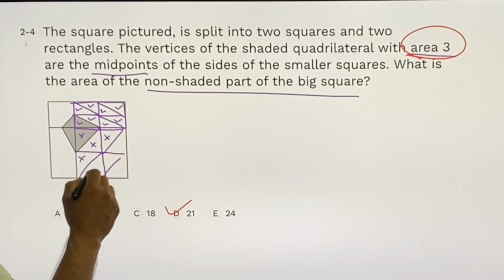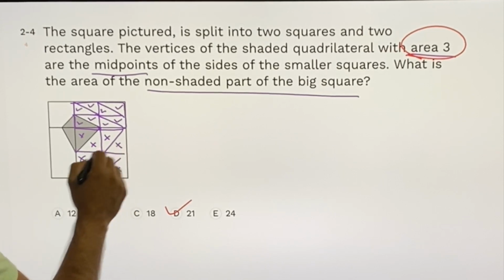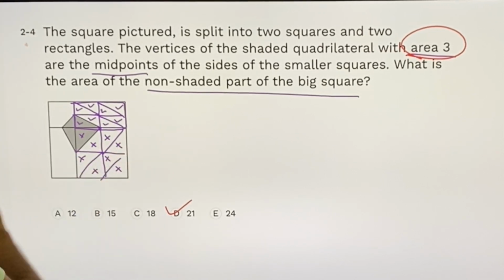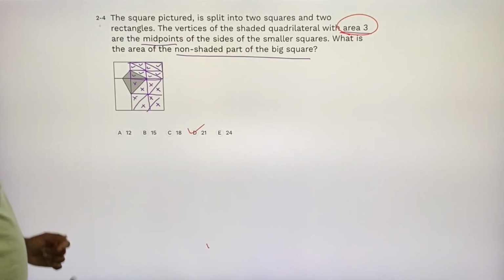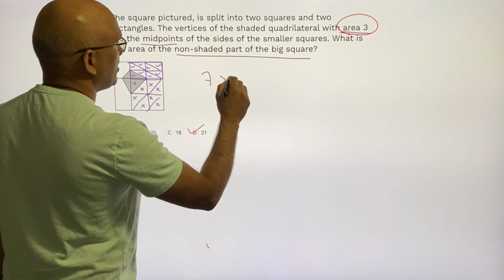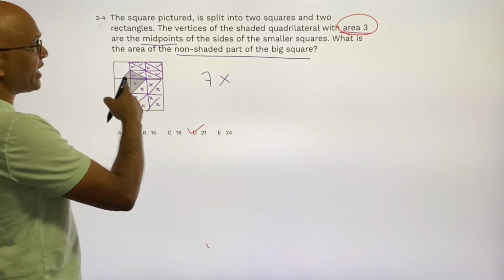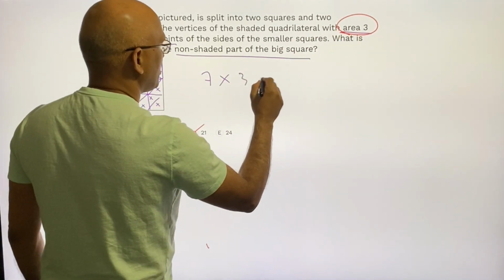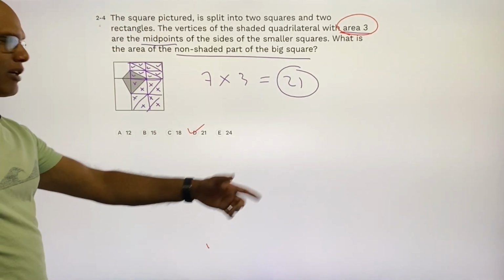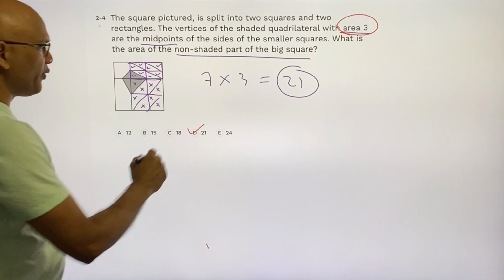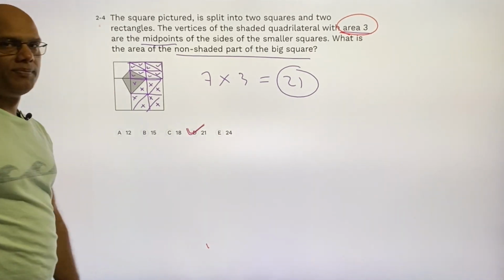All these areas are going to be the same, 1 2 3 4 5 6 7, right? So basically the non-shaded part is going to be 7 times the area of the shaded part, which is 3, is 21. So without going through this lengthy calculation, if you just look at the geometry, you get the same answer, 21.